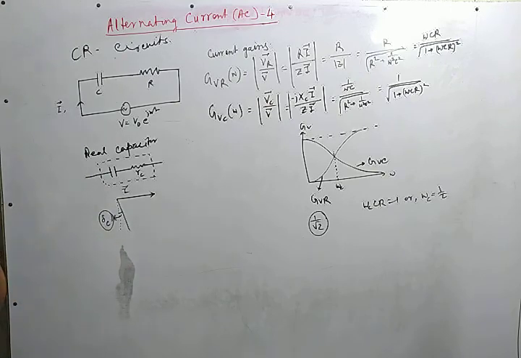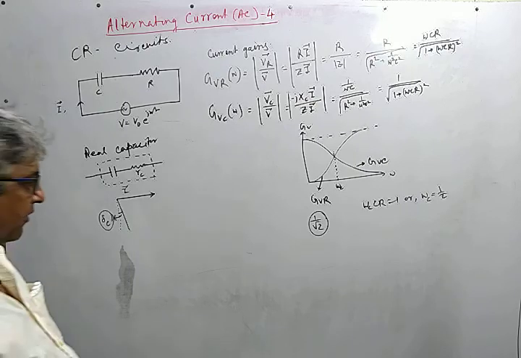The loss angle is a measure of the resistance RC, and also of the amount of energy dissipated in the capacitor due to its imperfection.